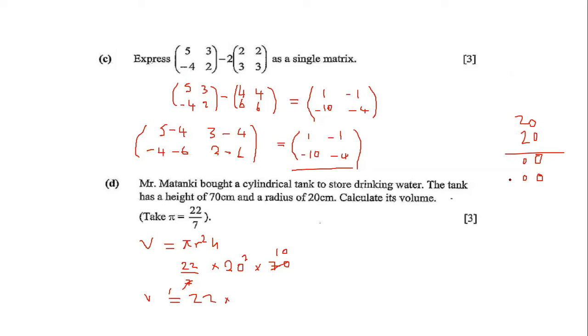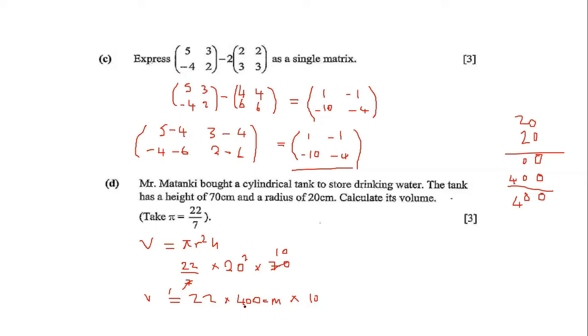Then 2 times 2 is 4. When you add these numbers together, you have a 0 there and a 4. So we have this one as times 400 centimeters multiplied by 10 here.